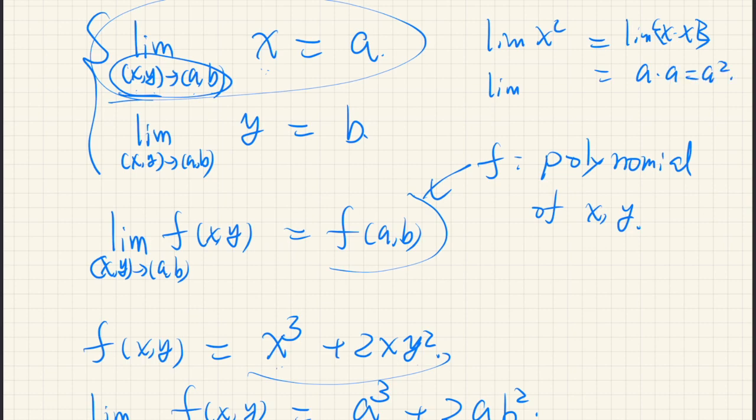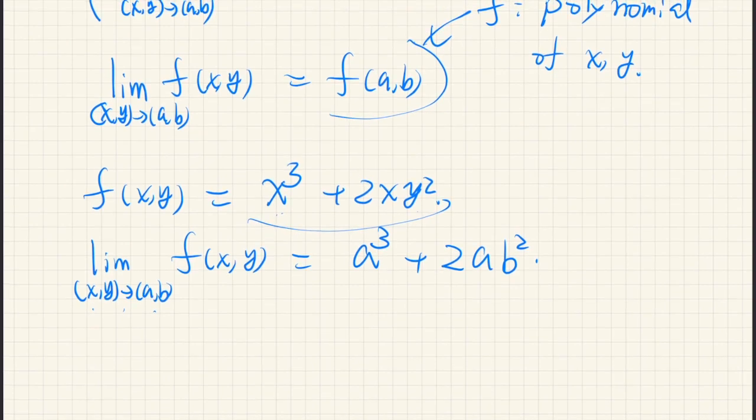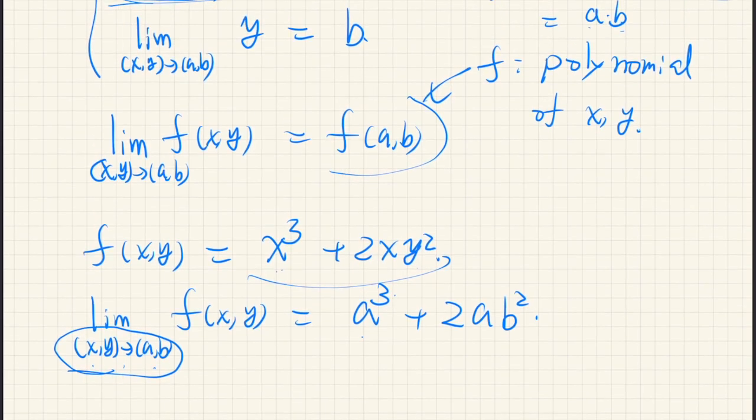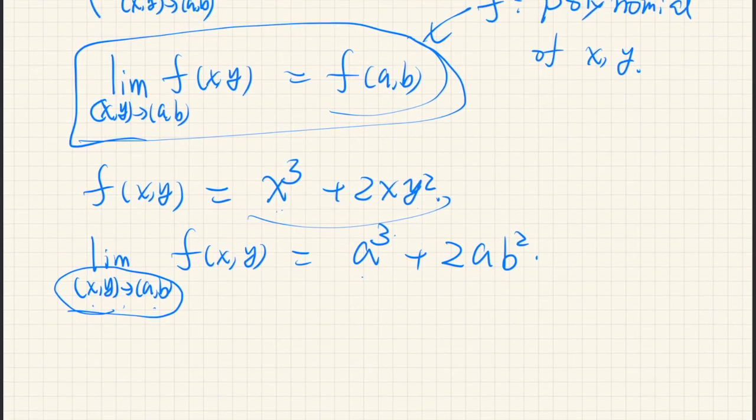And similarly, the limit of xy is limit of x times limit of y, so that is ab. And we can do this repeatedly, so that the limit of x cubed is a cubed, given this. Okay. So for any polynomial of x and y, we have this relation.